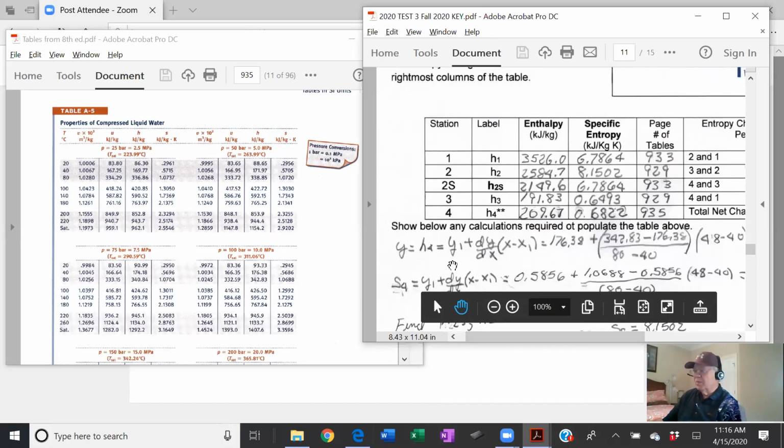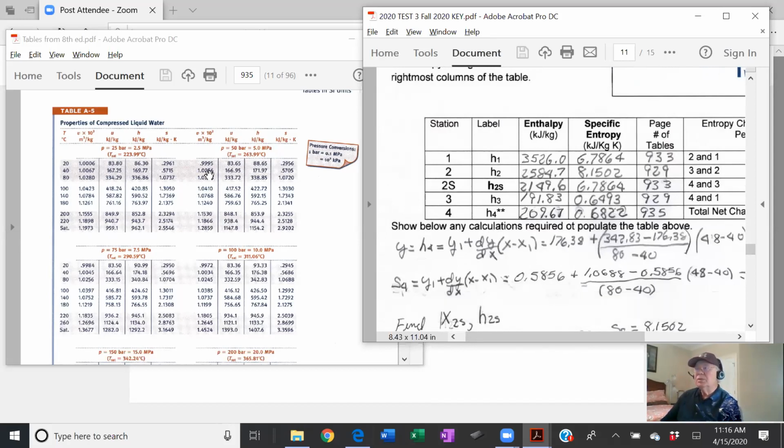H4 is this formula: y1 plus dy/dx times (x minus x1). Y1 is 176.38.